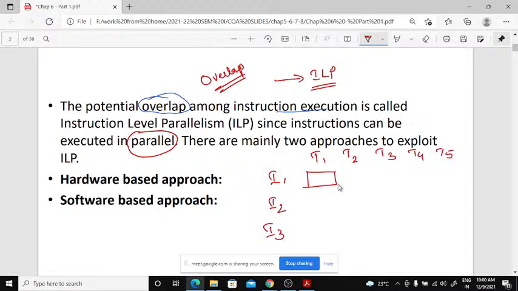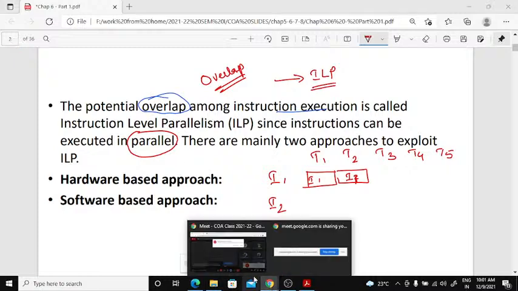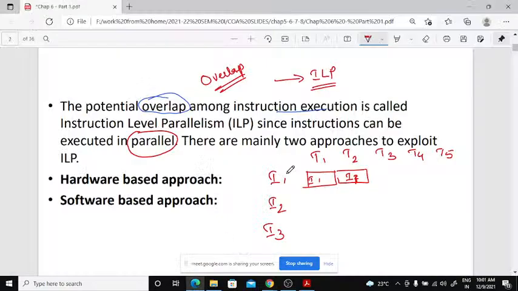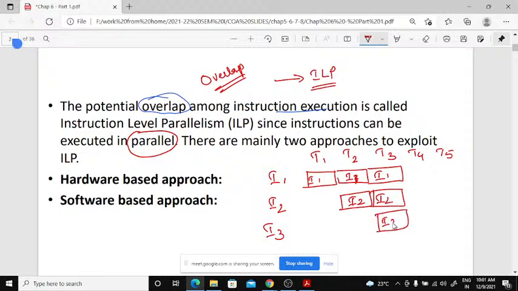The first instruction executes, and in the next clock cycle it moves to the second stage, and at the same time instruction I2 is fetched. Similarly in clock cycle 3, I1, I2 and I3 are at different stages.